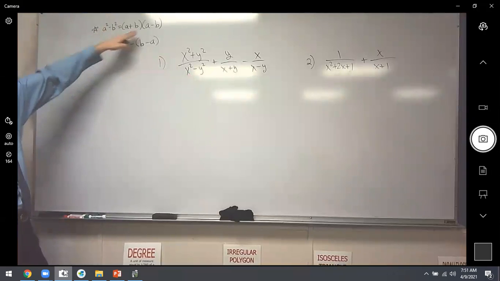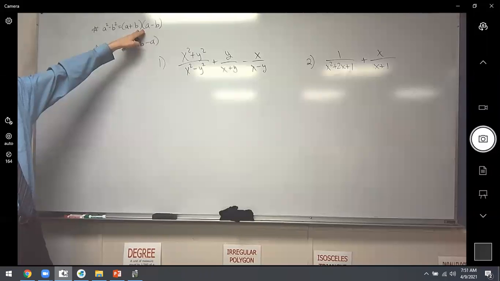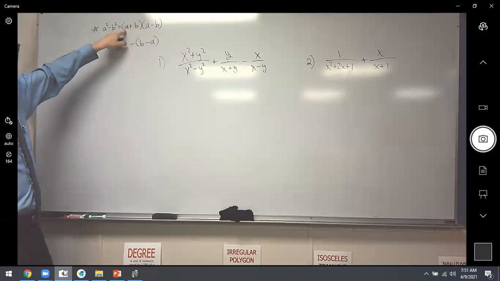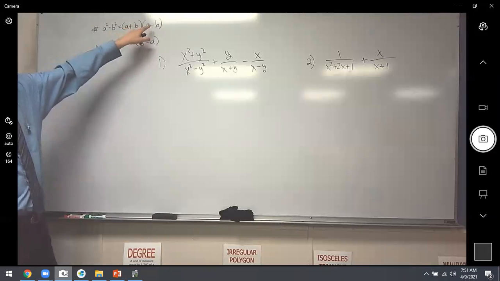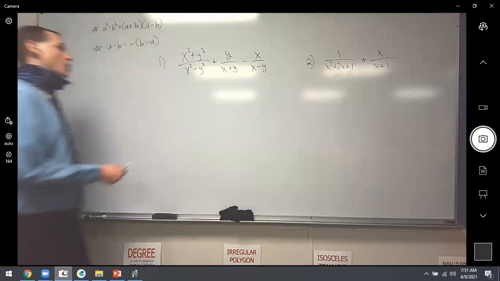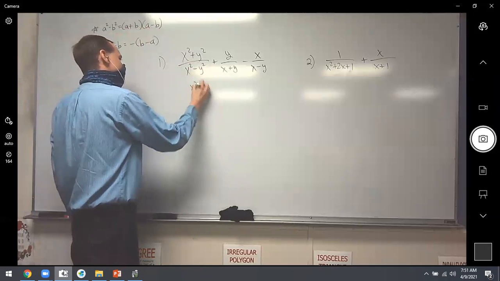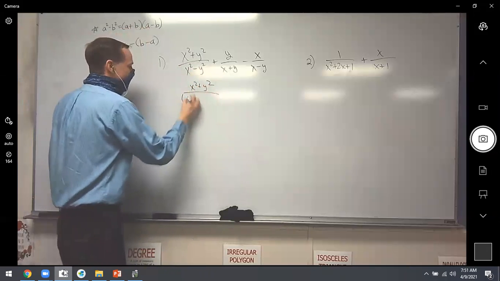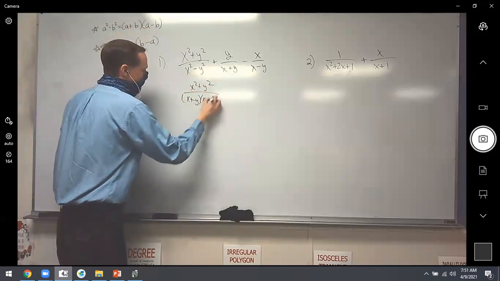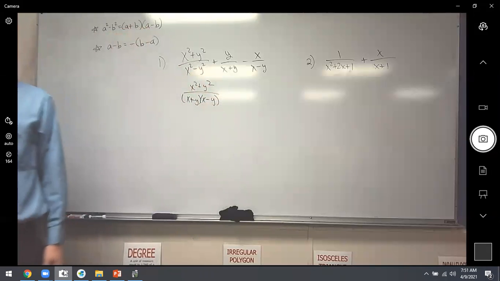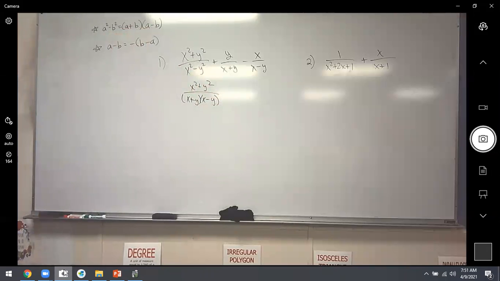And you got to remember that that's a great one to know for life. It comes up all the time when you're factoring things. It's the first one plus the second one times the first one minus the second one. So we can actually factor this x squared minus y squared into an x plus y and an x minus y. And you see when you do that, look what was secretly inside of that denominator. Things that were in the other denominators, correct?